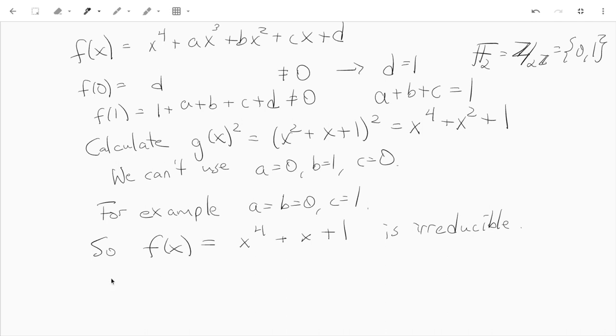And now what is our construction? Well, now we know that an irreducible polynomial lets us write down a prime ideal of this ring F2[x].